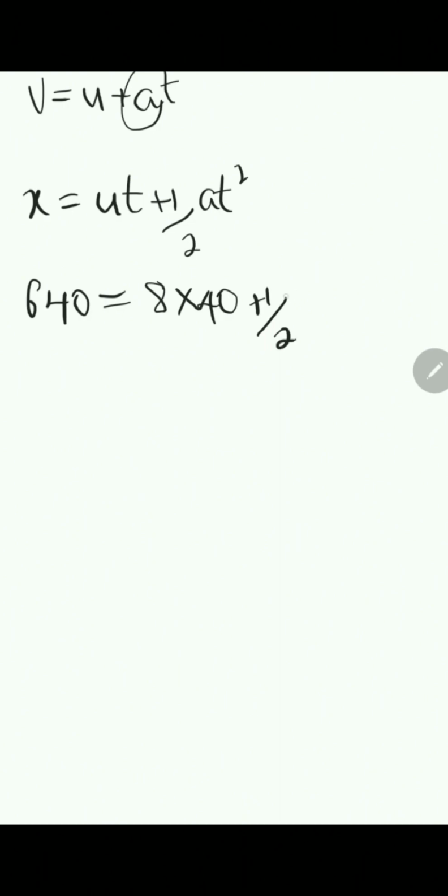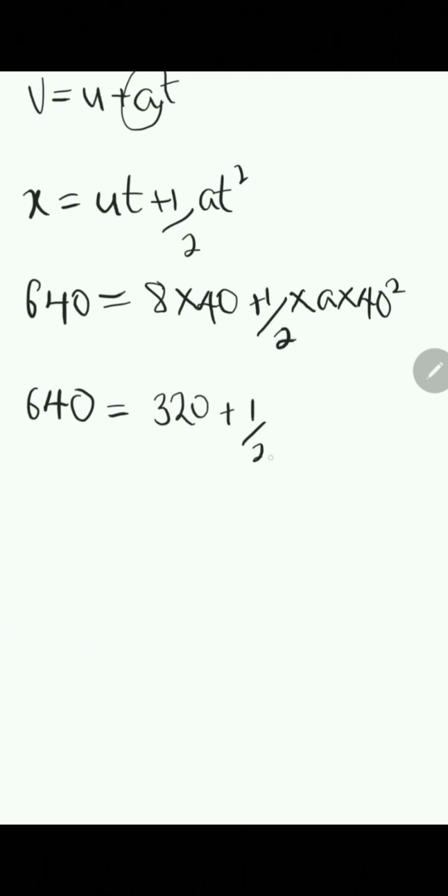Then you add half of a multiplied by t, which is 40 squared. So this gives us 640, which is equal to 8 times 40. 8 times 40 gives us 320. Then you add half of a multiplied by 40 squared, which simply gives us 1600 a, like that.